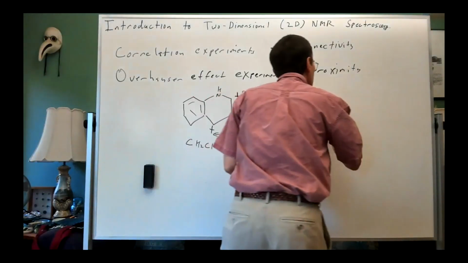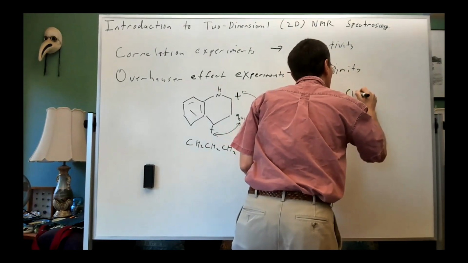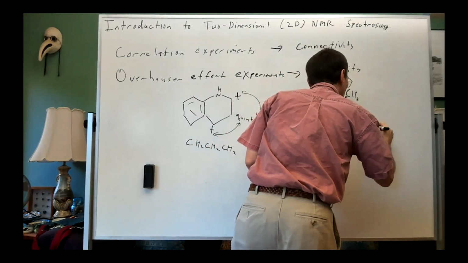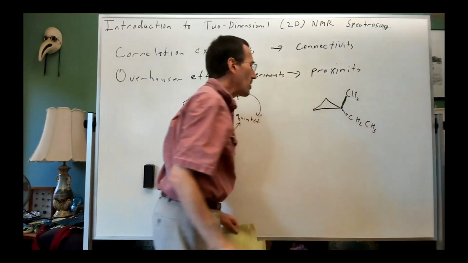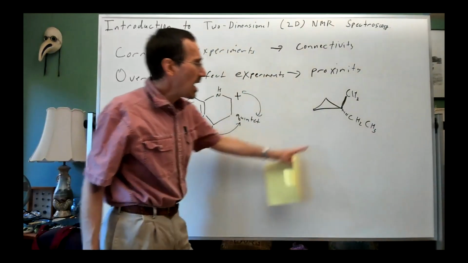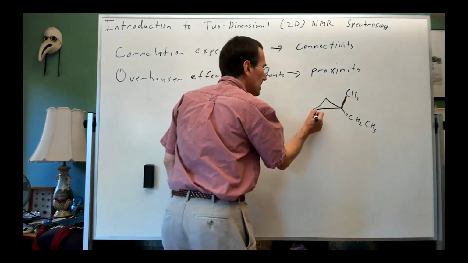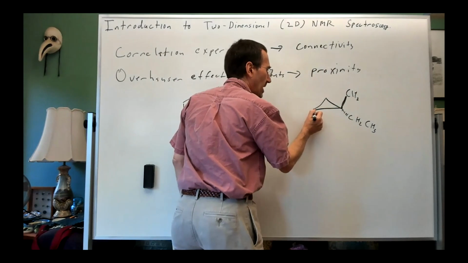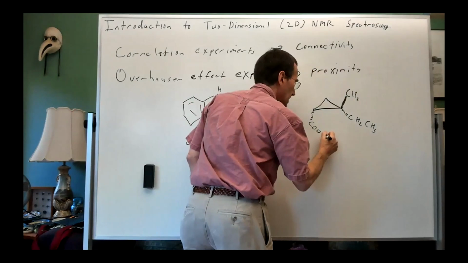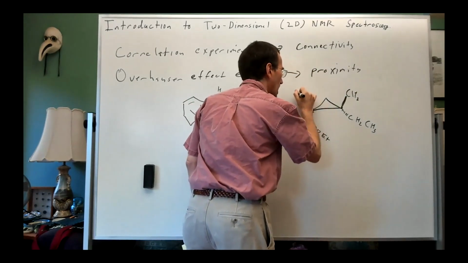Now, we haven't done anything with proximity, but I'll give you a very relevant example. Let's say we have a cyclopropane ring and we have a methyl group and an ethyl group on it. And let's say we also have a carboxyethyl group on it and a hydrogen on it.